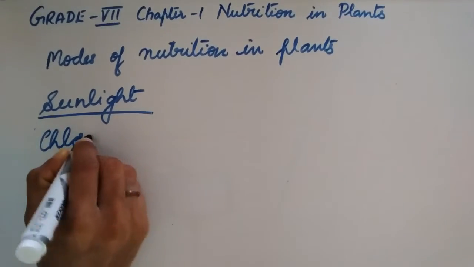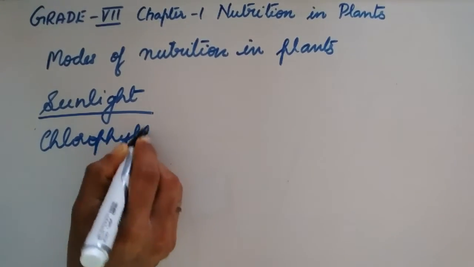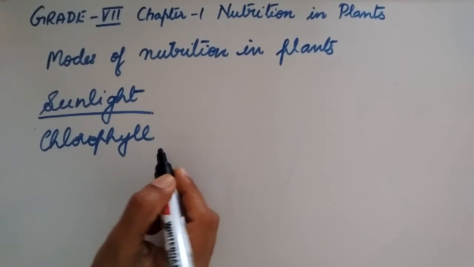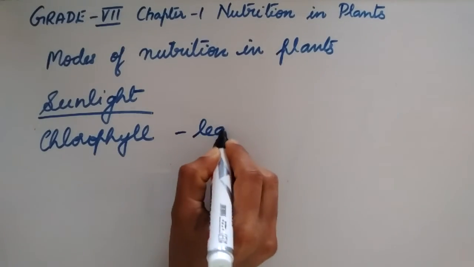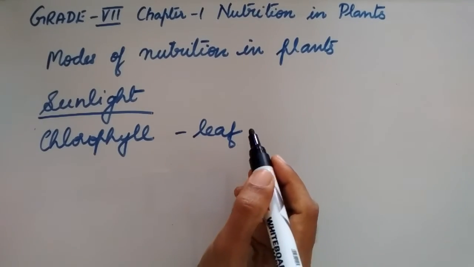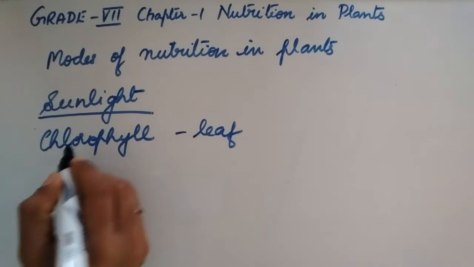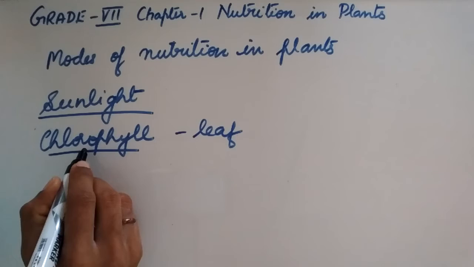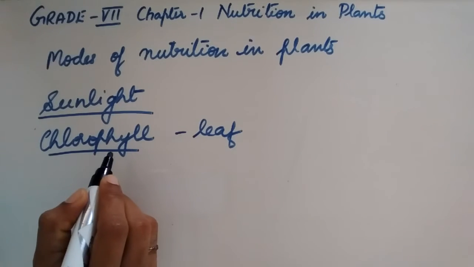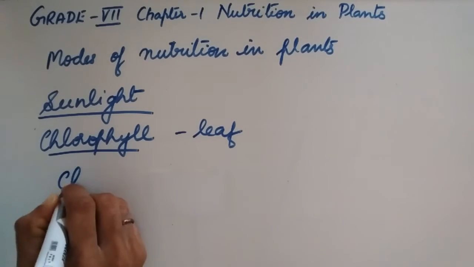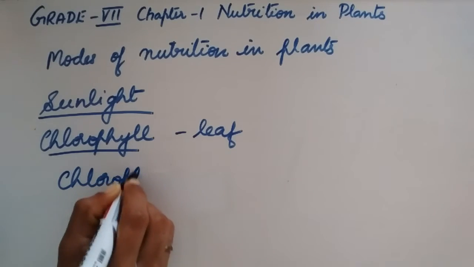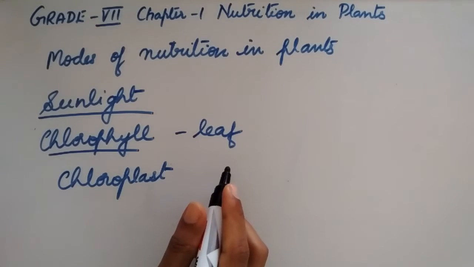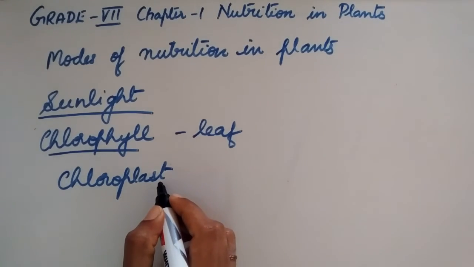Next is the chlorophyll. What is this chlorophyll? The green parts of the plant, especially the leaf, are rich in a pigment called chlorophyll, and this pigment is present in the special structure called chloroplast in the cells of the leaves of the plant.